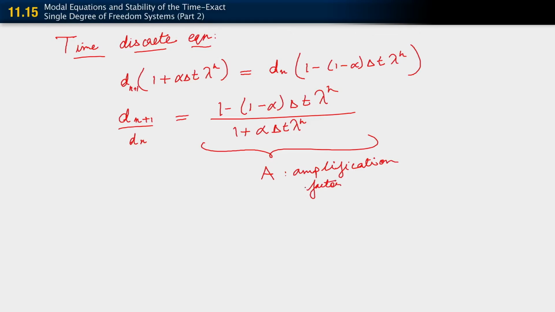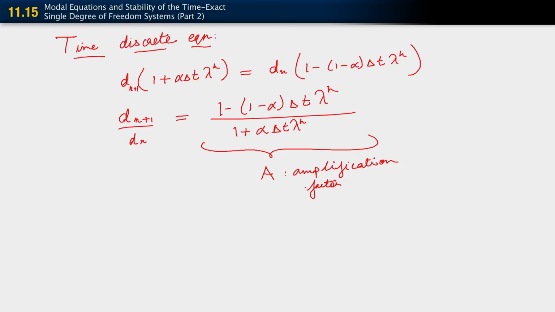Inasmuch as it is obtained as a ratio of d^(n+1) over d^n, it essentially tells us how our time discrete solution is getting magnified, or amplified, from one time step to the other.